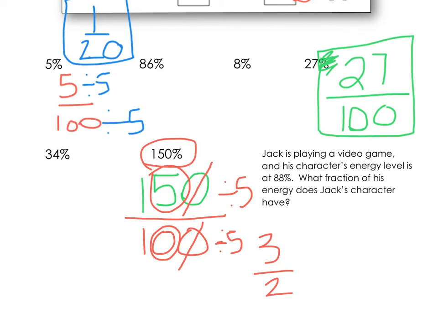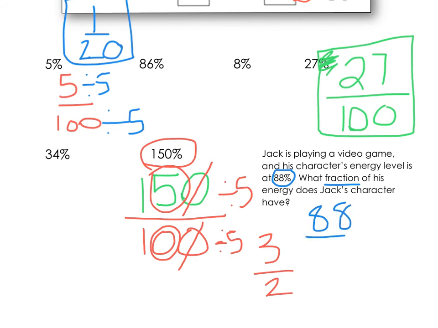All right, we're going to do one more together. We're going to look at a word problem here. It says Jack is playing a video game and his character's energy level is 88%. What fraction of his energy level does Jack's character have? All right, again, we just want to convert this percent to a fraction. So we're going to put 88.